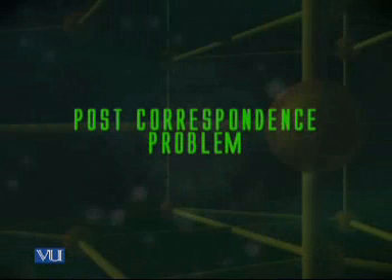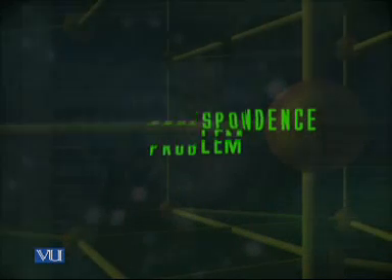Before dealing with the post-correspondence problem, let's start working with a slightly modified version of the post-correspondence problem, the PCP. We will call this modified version the MPCP. M stands here for modified. The modified PCP is exactly the same as the post-correspondence problem, except that in this case you are required to start your list with the first domino in the collection.